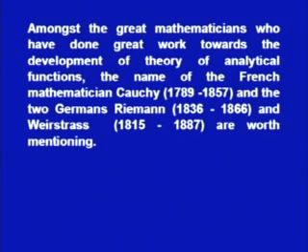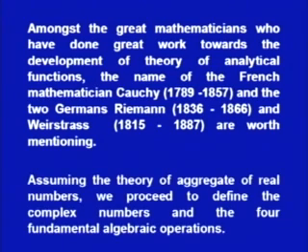Amongst the great mathematicians who have done great work towards the development of the theory of analytical functions, the name of the French mathematician Cauchy (1789 to 1857) and the 2 Germans Riemann (1836 to 1866) and Weierstrass (1815 to 1887) are worth mentioning. Assuming the theory of the aggregate of real numbers, we proceed to define the complex numbers and the 4 fundamental algebraic operations.